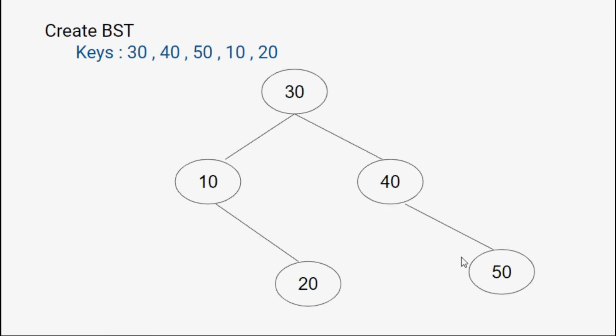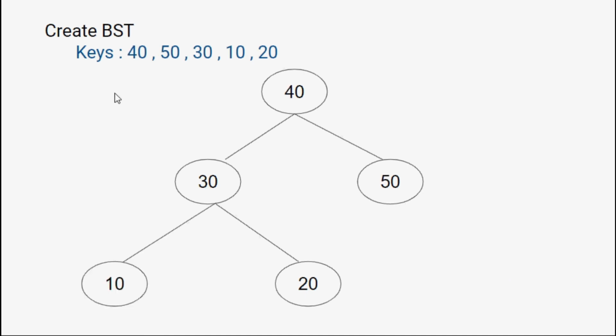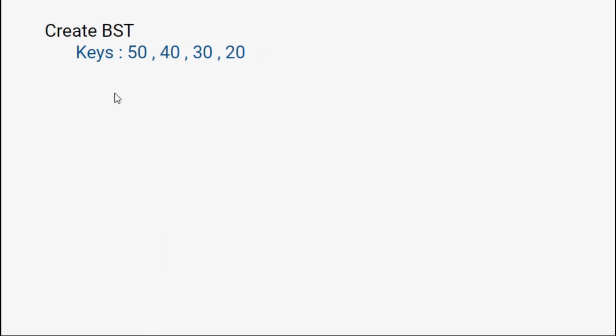Similarly, let's understand this concept again with the help of an example. This is the new tree that we are going to create, a binary search tree. We have just changed the numbers. You need to remember one thing: we are not organizing the numbers in one particular order.